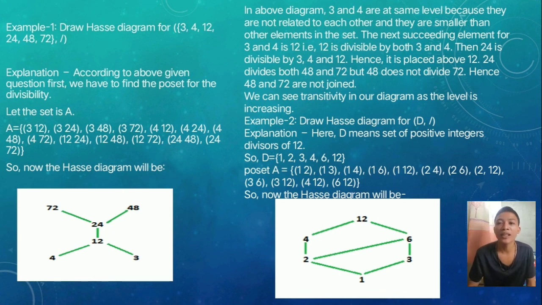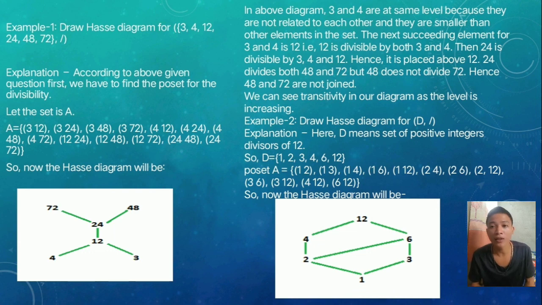Example 2. Draw the Hasse diagram for D. Explanation: D means the set of positive integer divisors of 12. So D is equal to the set {1, 2, 3, 4, 6, 12}.